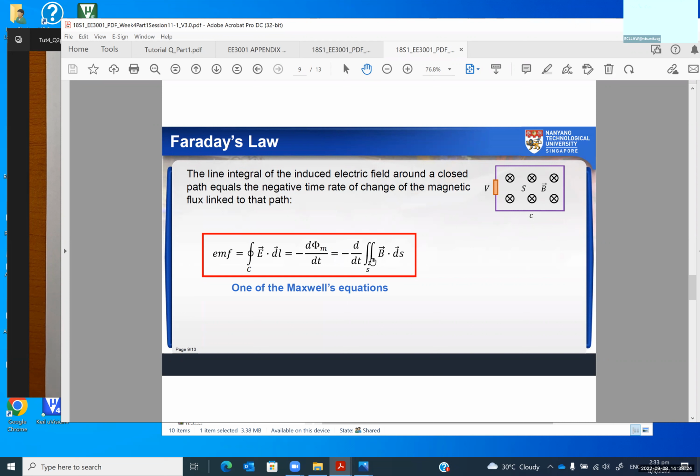That's why you can only generate EMF if it's time varying. If the velocity is constant, you cannot; it will be zero. So that's this d/dt part. This minus sign is actually Lenz's law. Okay, that's the equation you're going to use to solve question one.